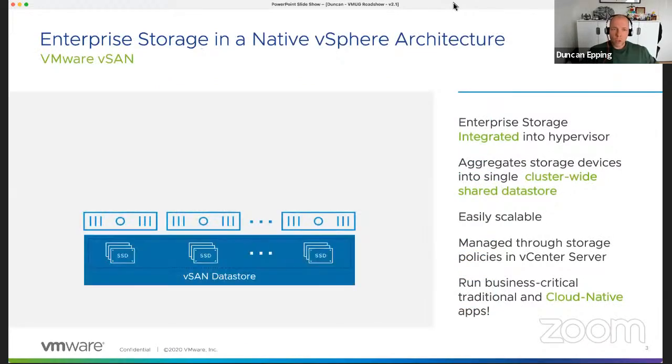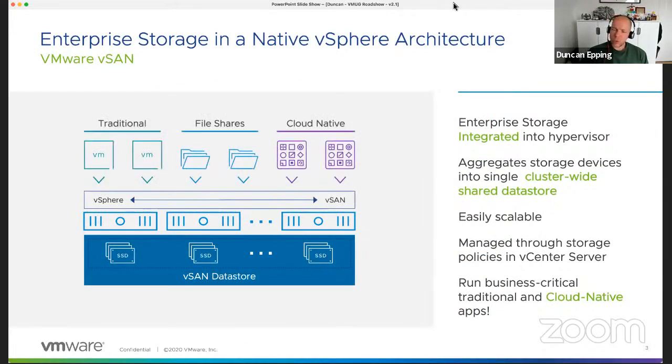Now, when we talk about vSAN specifically, I'm just going to do a brief introduction of what it is, what it looks like, so everyone is more or less on the same page. And when we talk about vSAN, we refer to it as an enterprise storage solution, and to be more specific, an enterprise object-based storage solution. Now, it's not similar to S3 type of object storage, and I'll show you what it looks like in a bit.